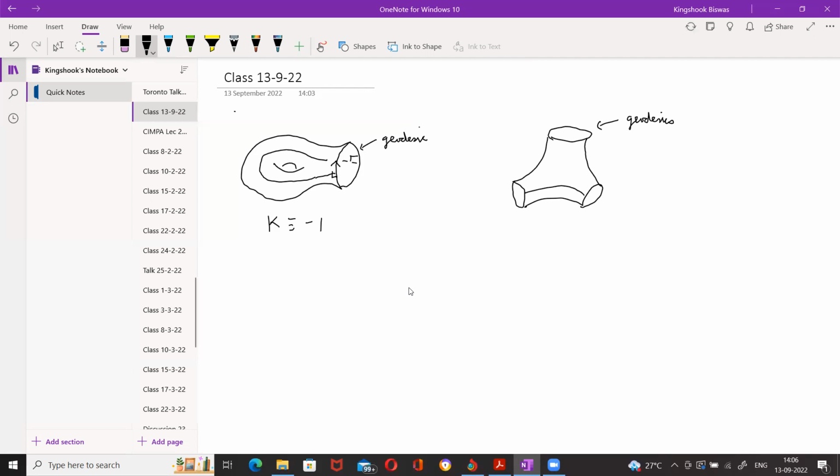So here one, and say the other two will be like this and like this. And these will be perpendicular.